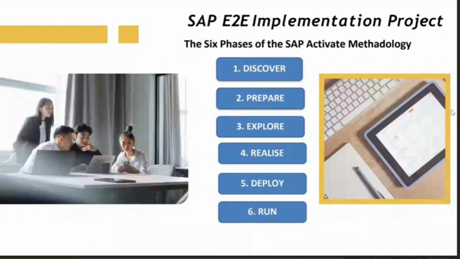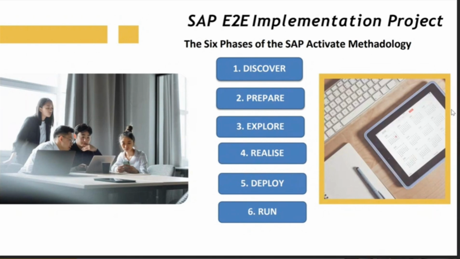We have 6 phases, starting from the discover phase, then the preparation phase, explore phase, realization phase, and the deployment and run phases. Okay, let's see one by one. After this demo session, people who have really understood there are 6 phases, and in each phase what the deliverables are as a consultant, what I am going to deliver in the preparation phase, explore phase, realization phase, and deployment phase, that is more important.